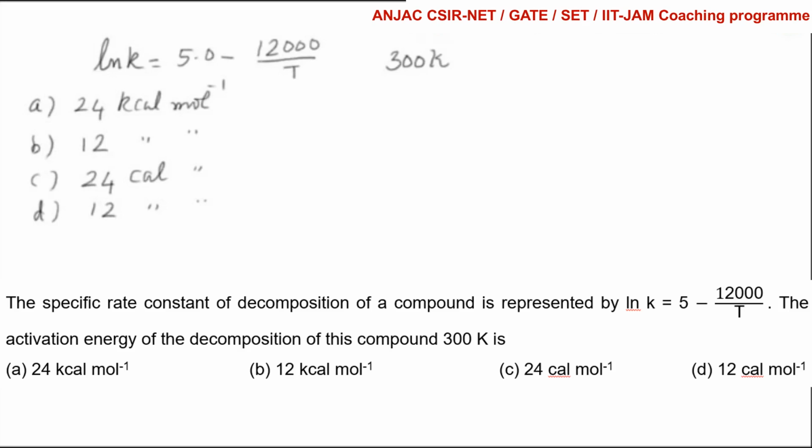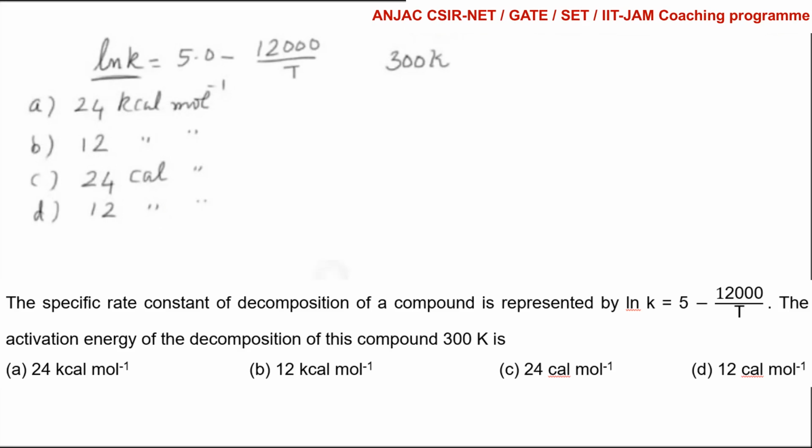k is not given, but log k is equal to 5 minus this. And what is the equation to be used for this? They have already given the equation. Why can't we go for another equation? No, you have to correlate with the general equation in the logarithmic form.